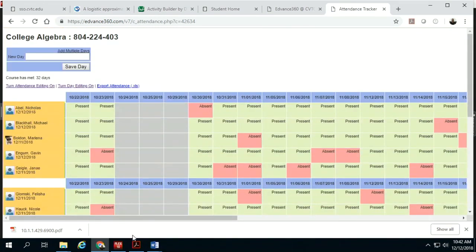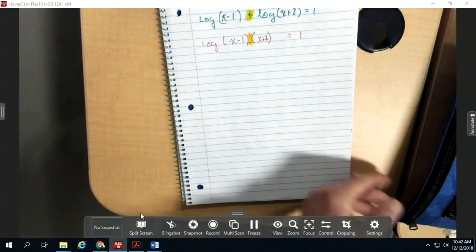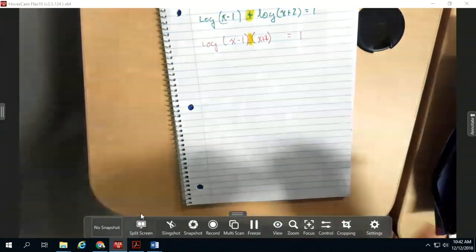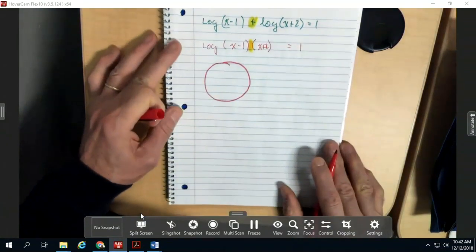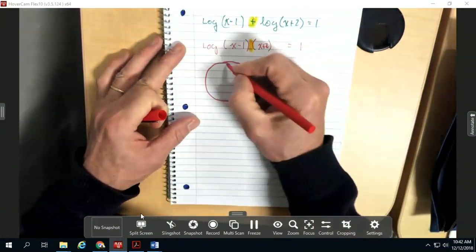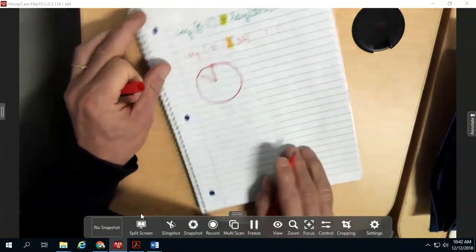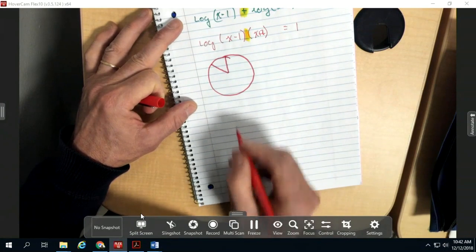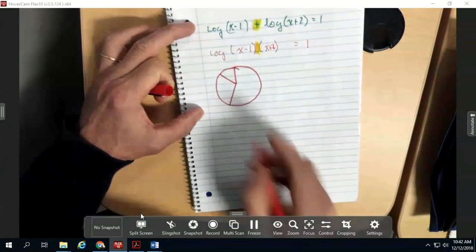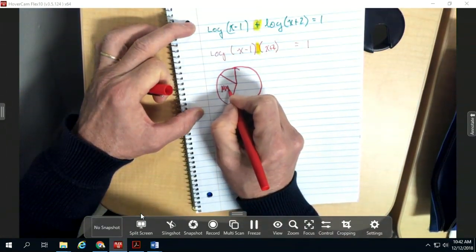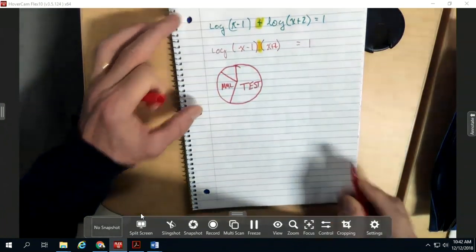I'm going to talk to Madeline for just a minute and explain what she's asking about. So suppose here is the pie of your grade. It's divided into 10% of that pie is in class, 30% of that pie is homework, my math lab, and the rest is tests, which makes the tests worth 60%.